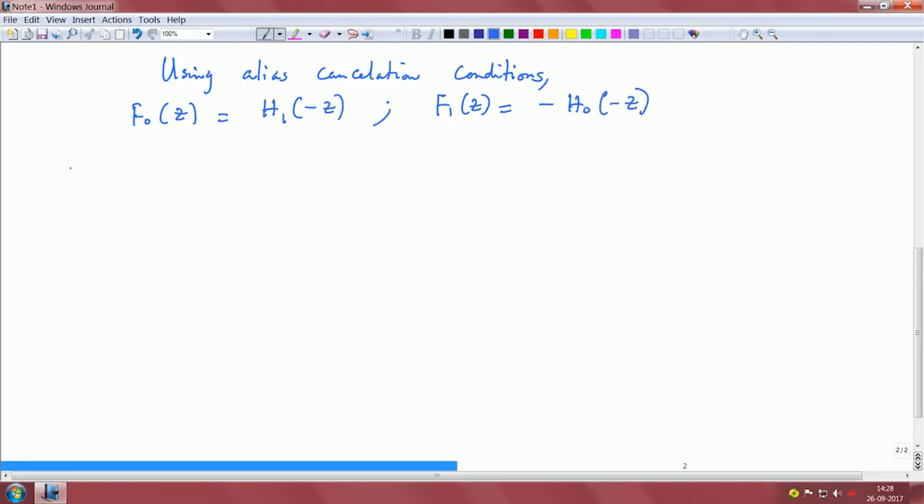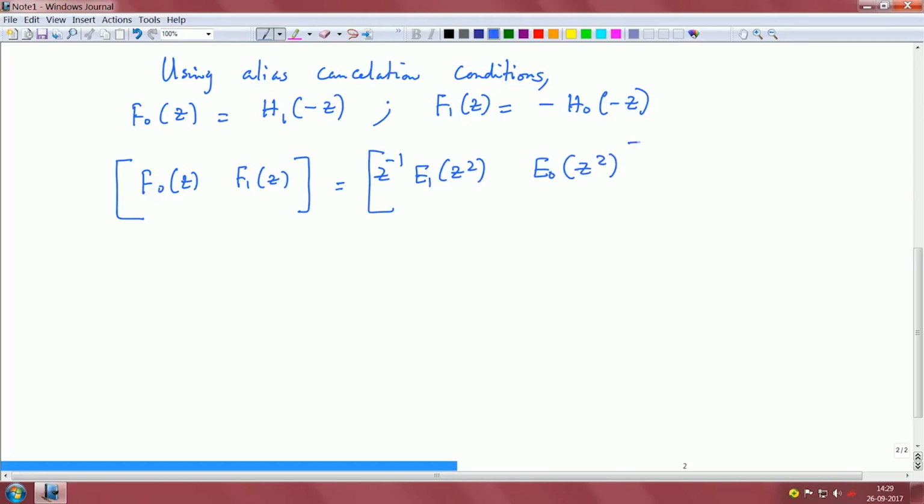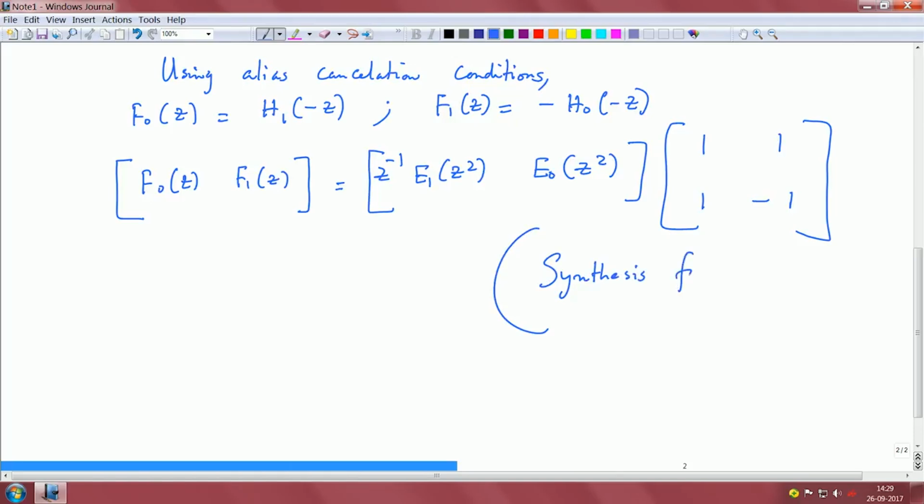So, using this representation for the synthesis filters, we can express them as follows: f naught of z, f1 of z stacked in this row format is basically a delay with E1 of z square, E naught of z square with 1, 1, 1, minus 1. So, this is basically the synthesis filters realized using 2-phase representation.